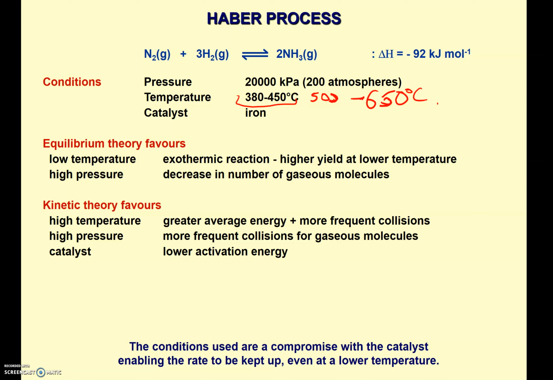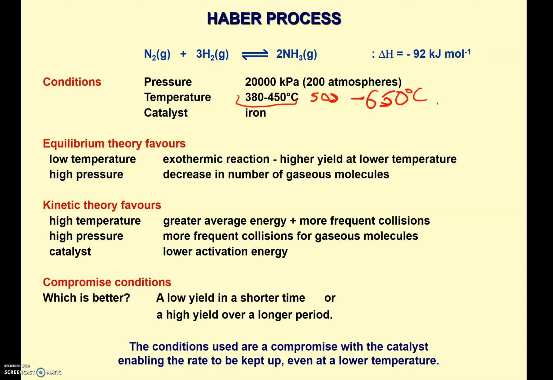High temperature, because you're giving the molecules more energy, so they're moving faster, and there are more effective collisions between them, and more frequent collisions as well. High pressure, again more frequent collisions, and a catalyst would lower your activation energy. These are things that you would see in our rate of reaction chapter.